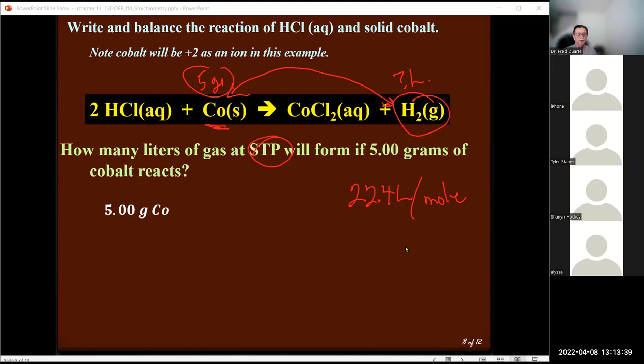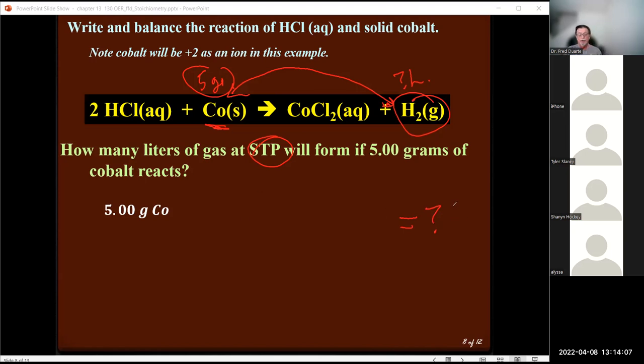There's 5 grams. We start off with what we're given, being consistent with what I've been telling you in the past. And so this is what I'm given. I'm also going to write down what I'm looking for so I can keep track of where I'm going.